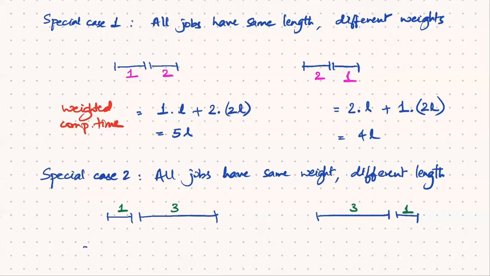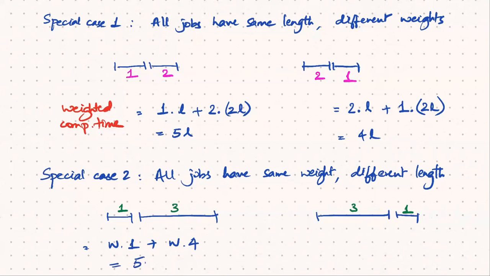In the first case, it is the weight W times the time the first job completes, which is 1, plus the weight of the second job, again W because they all have the same weight, times the time at which the second job completes, which is 4.